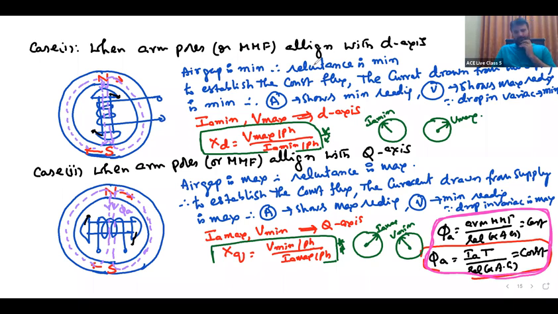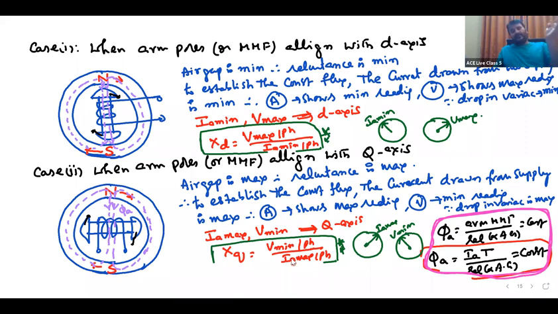XD will be more. From the equation, XD is V maximum by IA minimum: more voltage, less current. Whereas here, less voltage, more current. So definitely XD will be greater than XQ. From these relations, we can get XD and XQ. So this is the way to measure XD and XQ.